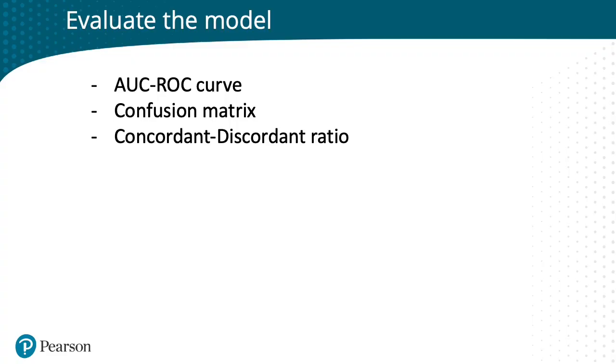So this is kind of like an extension to the AUC ROC curve. And then finally, we have concordant and discordant ratios.